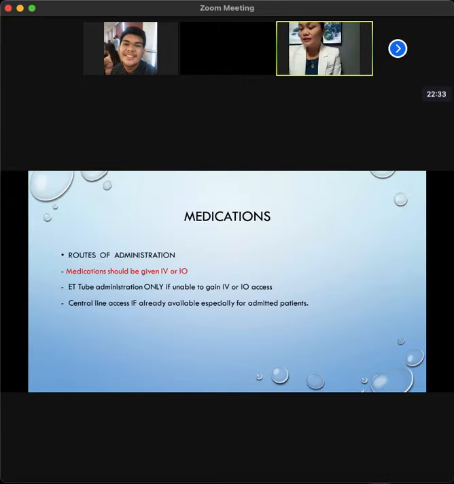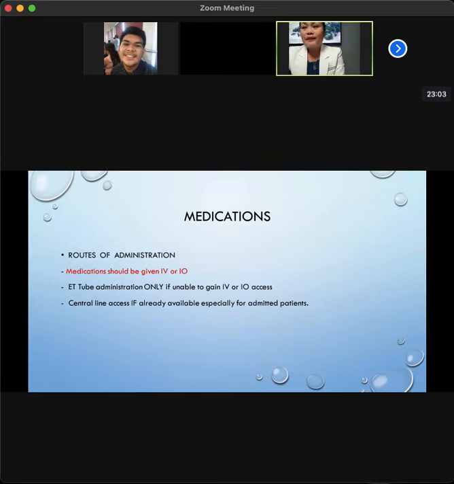First, let's start with your medications that are being used during ACLS and BLS. Usually the route of administration for resuscitation should ideally be intravenous or intraosseous. However, sometimes we have no IV or IO access, so we can opt to give the drugs via ET tube.